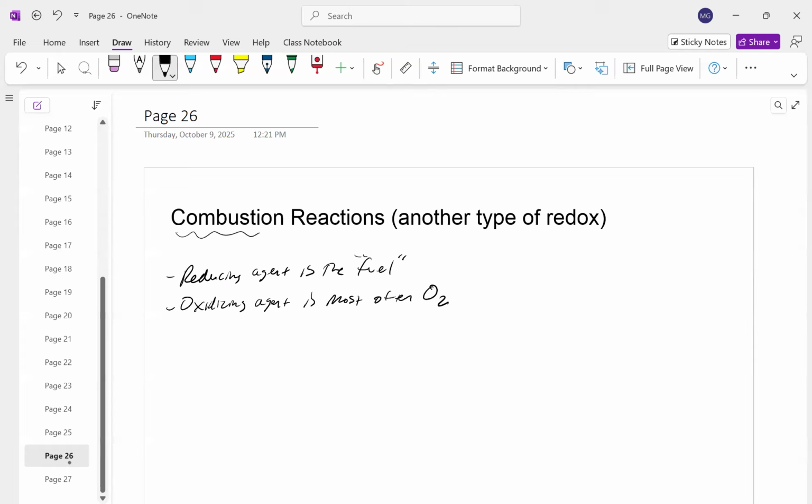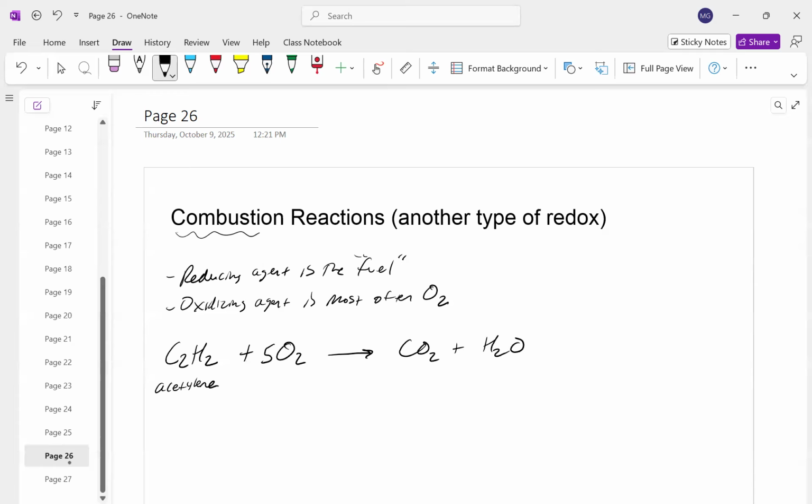So all, or I don't want to say necessarily all combustion reactions, but many of them, especially if they involve a hydrocarbon, one of the reactants is going to be oxygen. Now let's look at an example of this. So this C2H2, this is acetylene. Some of you may be familiar with this, like acetylene blowtorches. But acetylene reacts with oxygen in the air to form carbon dioxide and water.